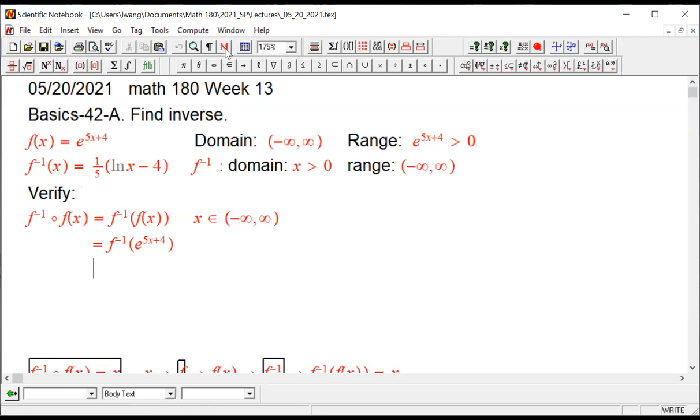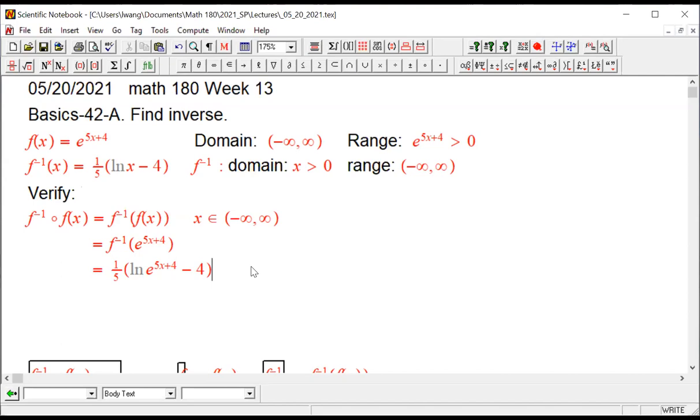And f inverse, what is f inverse? F inverse is this guy, right? And the x is here. Now the x is e to the power 5x minus 4. So 1/5, this rule will apply with the x replaced by that guy. You follow me?